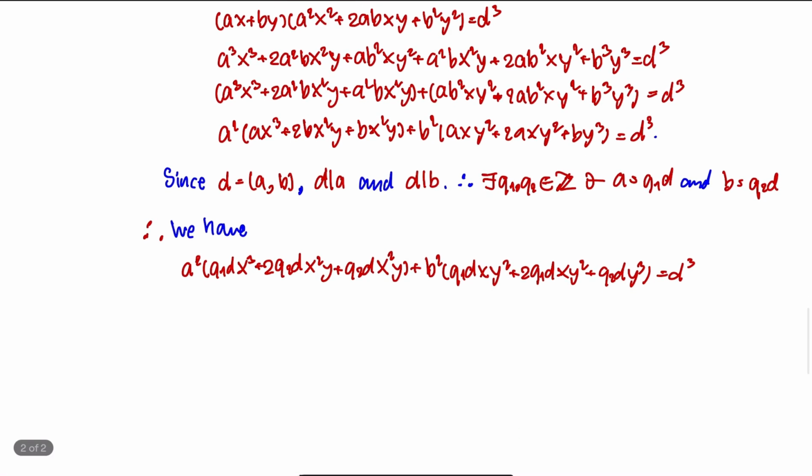And divide both sides by d, right? Divide both sides by d, what happened? The term with d will be cancelled, right?